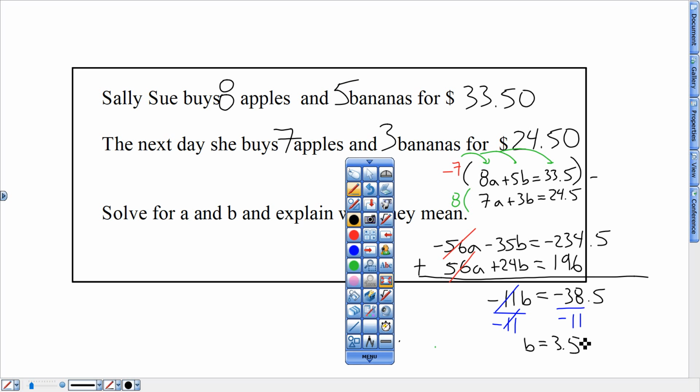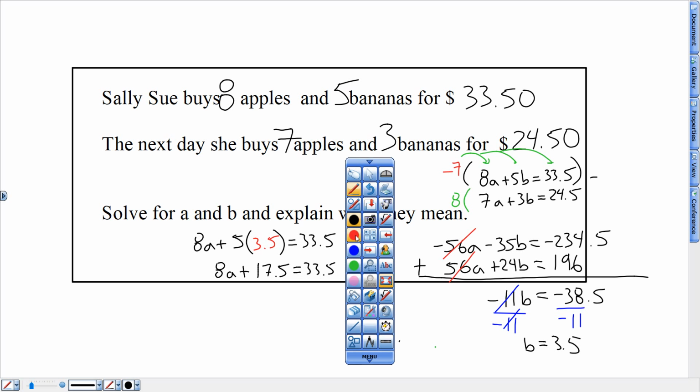When I plug that in, let's plug that into the top one. I'm going to solve for A now. So I take that 8A, where that 5 and that B is, I plug that 3.5 for B. Gives me 8A plus 5 times 3.5 gives me 17.5.